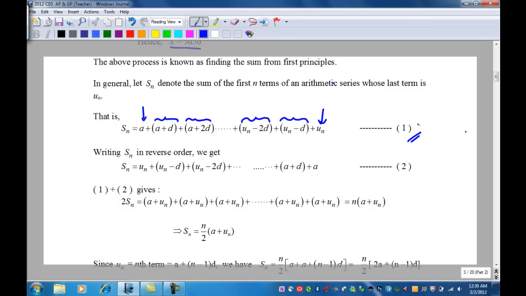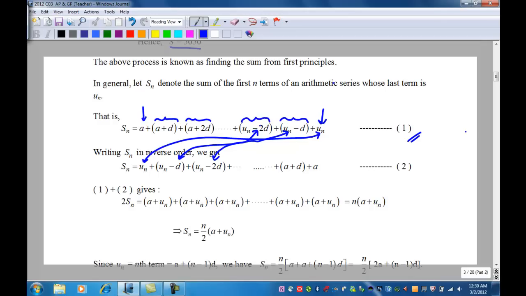Next, we write all these terms in the reverse order for Sn again. Left hand side is Sn. For the right hand side, we will reverse the order, starting with un. Now, the second last term un minus d has been switched to the second place in the front, and so on and so forth.